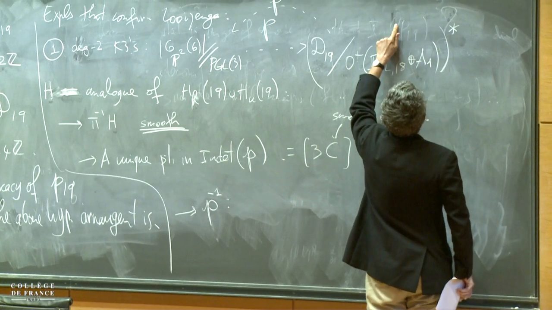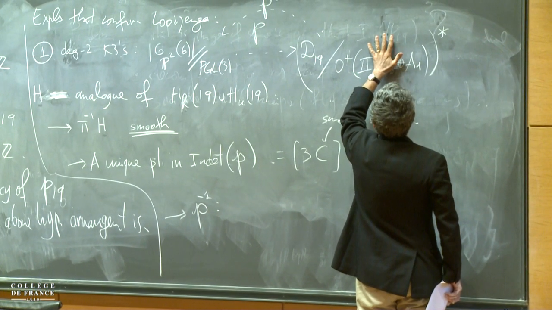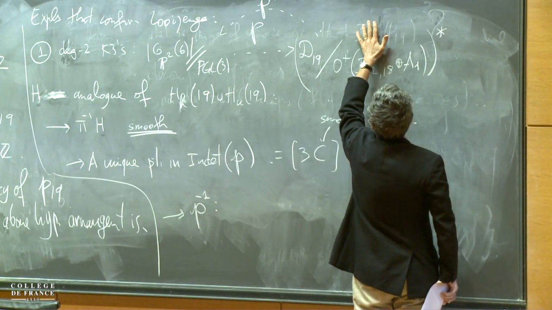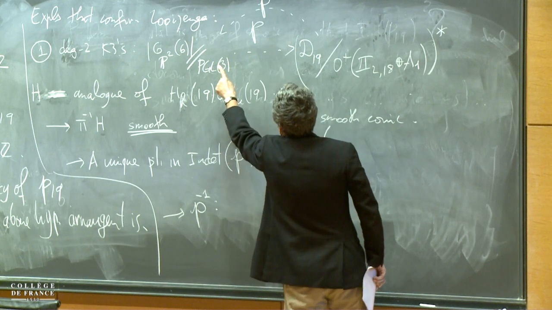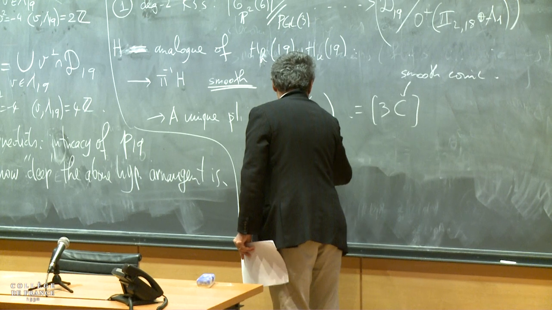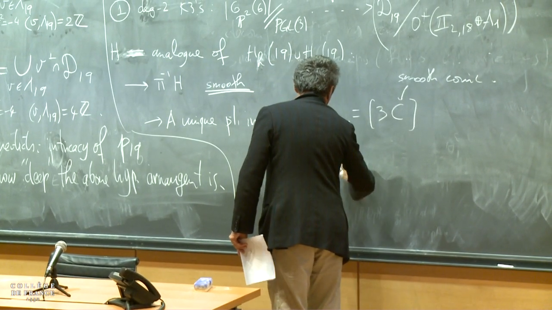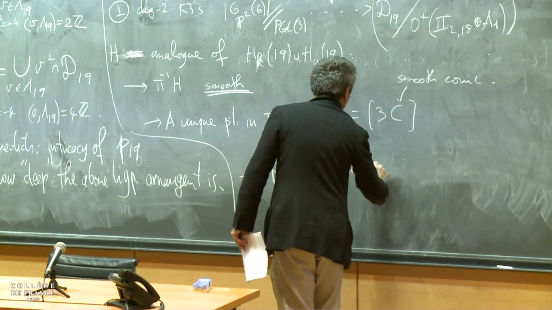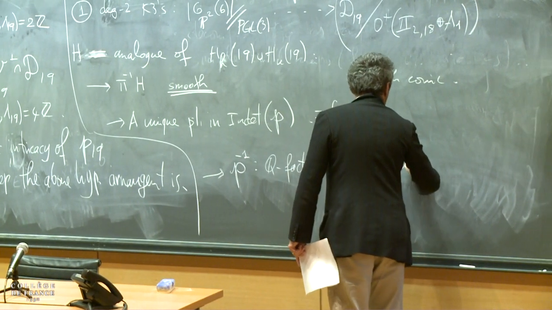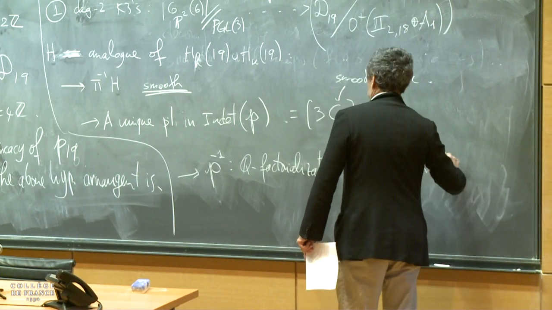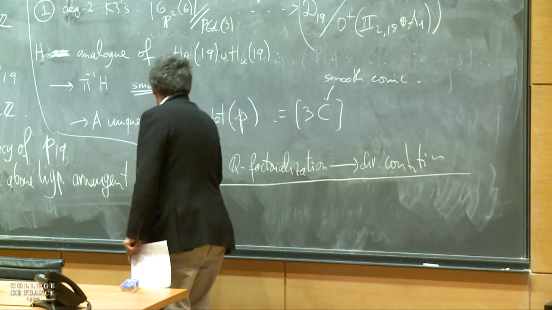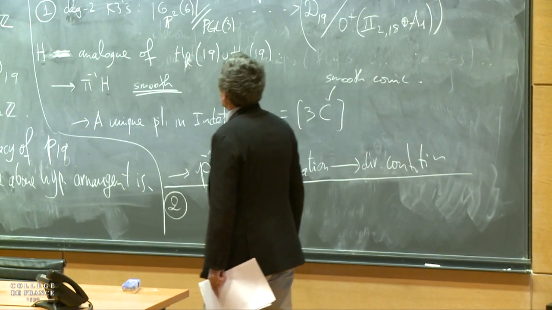There is a Q-factorialization of this Baily-Borel compactification, and first you do this Q-factorialization, and then there is a simple divisorial contraction, and what you get is this. Okay? So first you do this, and then you do a divisorial contraction. And now, there is another example, but I'll be really quick, which is cubic fourfolds.